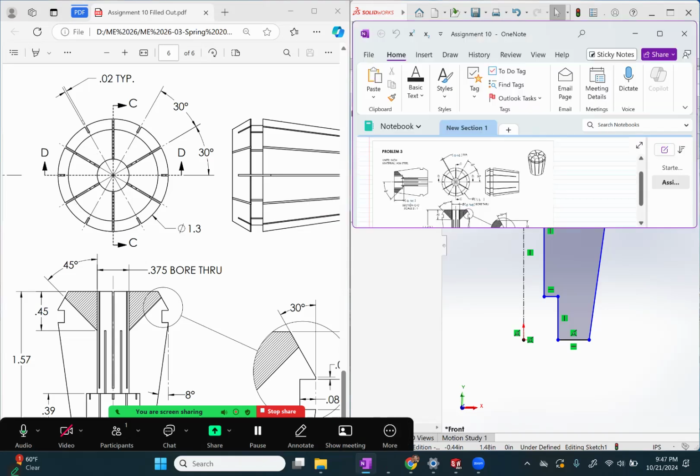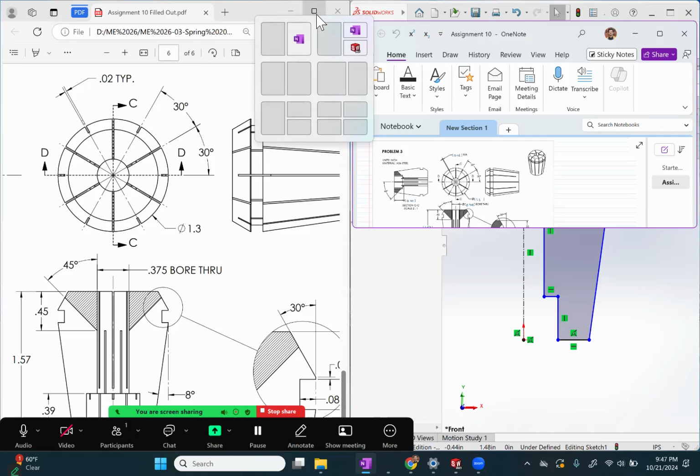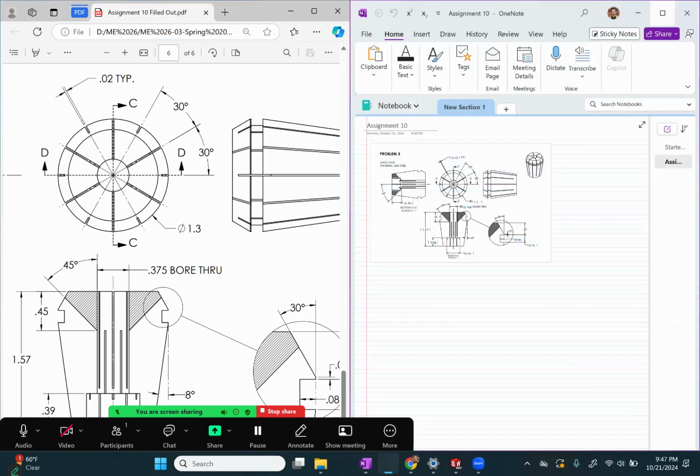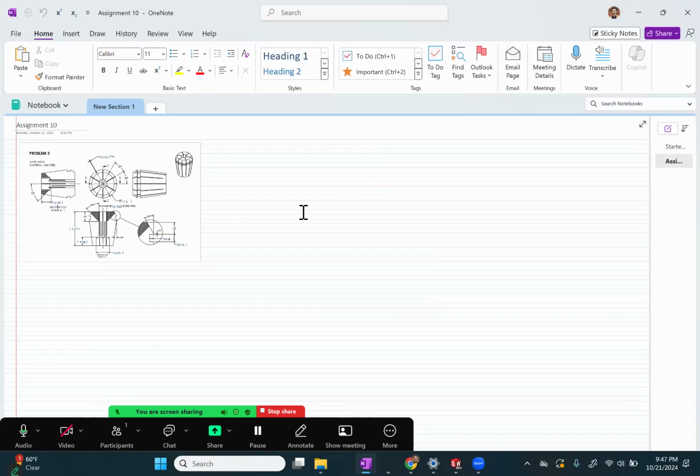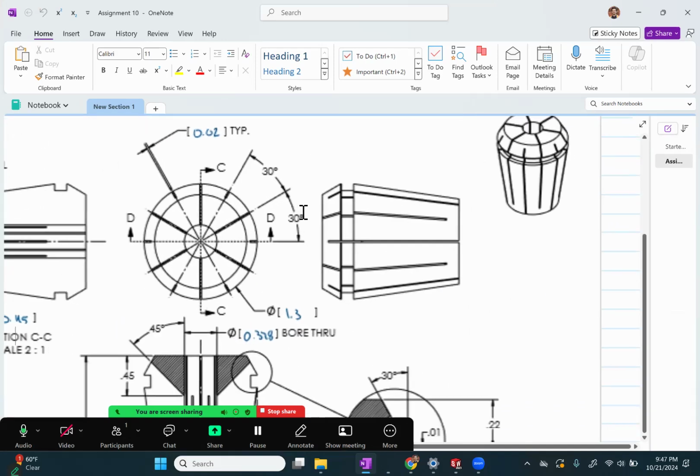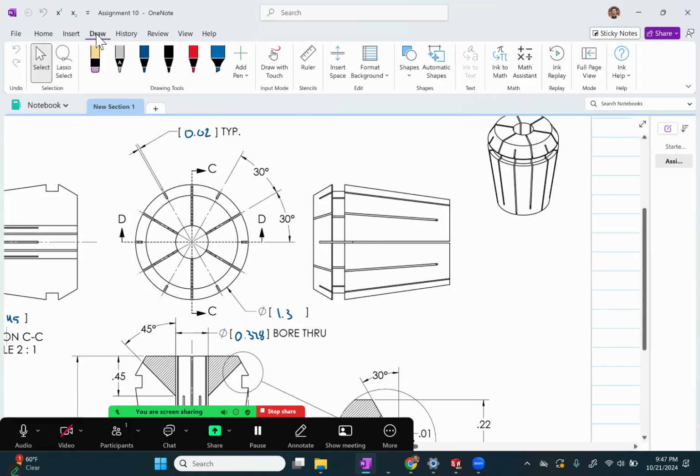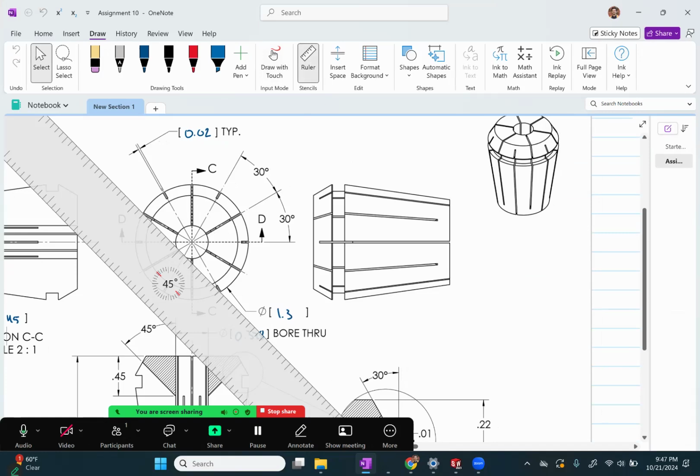So let me open up OneNote once more, and let's quickly find that number so we can fix our drawing. So let's pull up the ruler again.